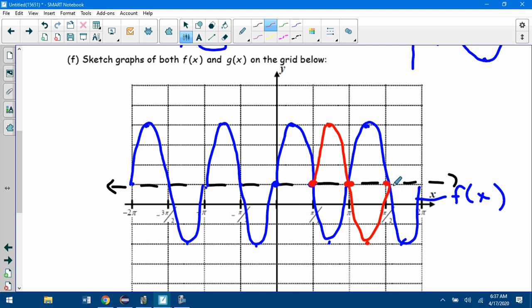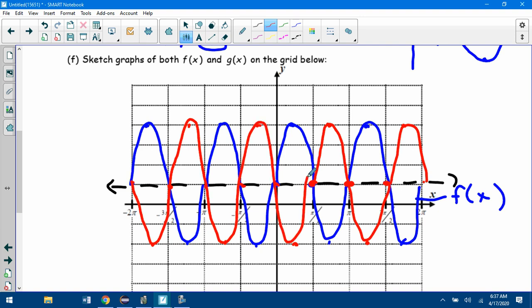So if I just keep following this pattern through, it would look like that. Continually going down, midline, above, midline, down, midline, above, midline, down, midline. So it looks kind of like a crazy graph with them both graphed together, but that's g of x.